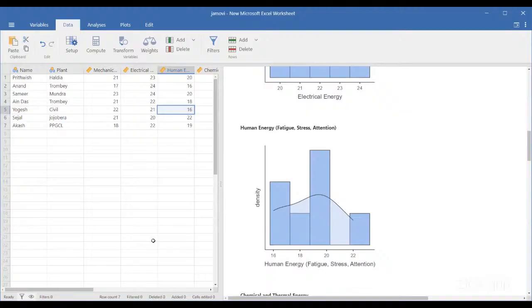Workers remain alert while performing risky tasks. This is also 3, sir. Below, all are 3. Rest breaks help control loss of human energy. Also 3. Are human errors due to exertion actively prevented? I think this is also 3. Okay, so our goal will be more than 3.